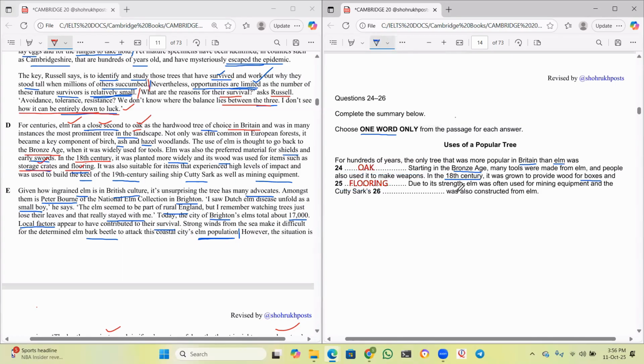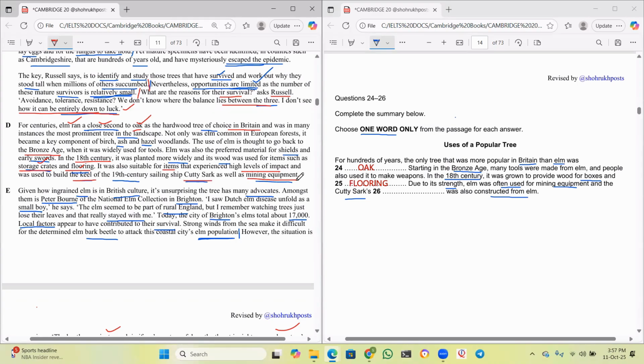Then, due to its strength, elm was often used for mining equipment, and the Cutty Sark's dash was also constructed from elm. What is that is constructed? Let us read this sentence now. It was also suitable for items that experienced high levels of impact and was used to build the keel of the 19th century sailing ship Cutty Sark as well as mining equipment.